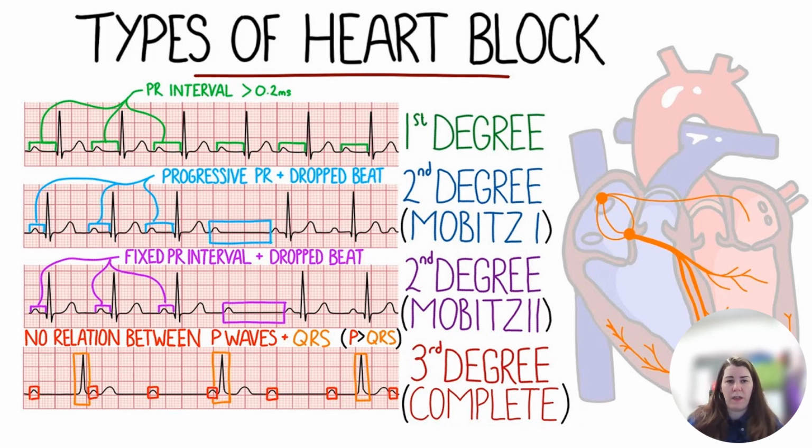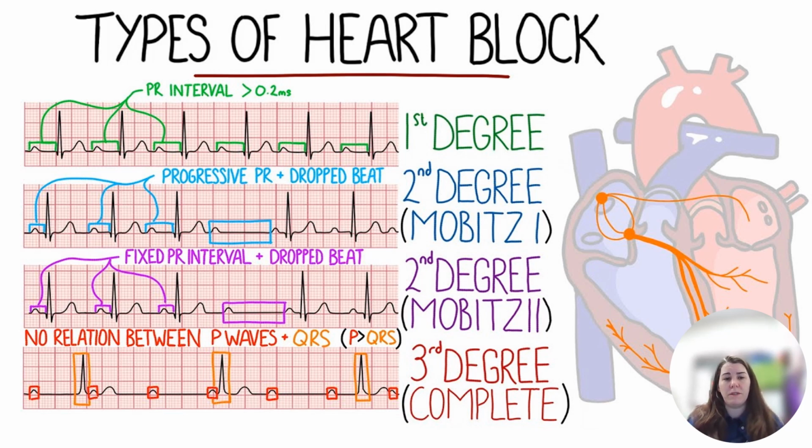So there's a delay there. It's taking a little bit of time. Your second degree is that Mobitz 1 or Wenckebach, going, going, gone, right? So you can see your PR intervals are getting longer and longer in distance, and then eventually your QRS drops completely.